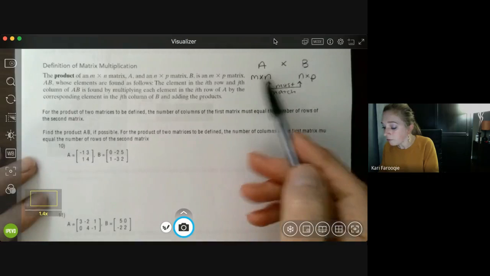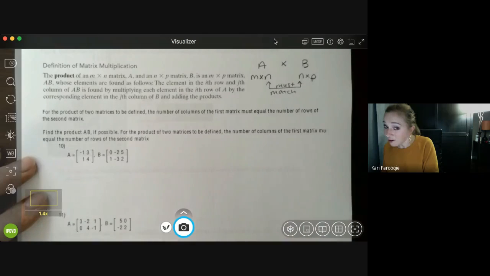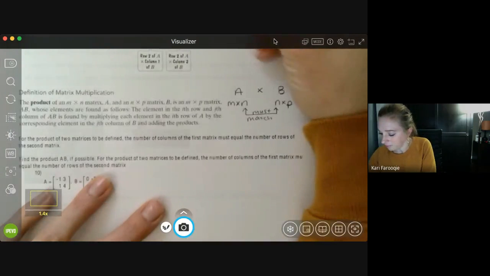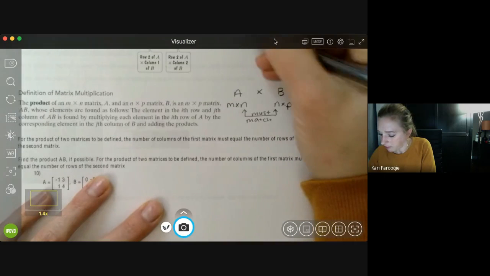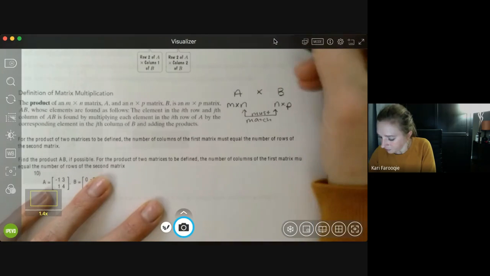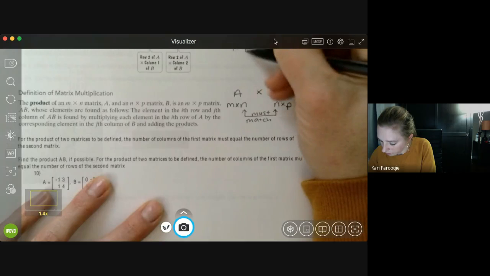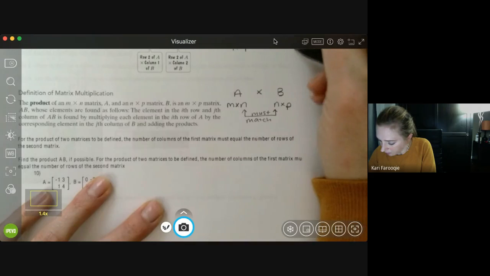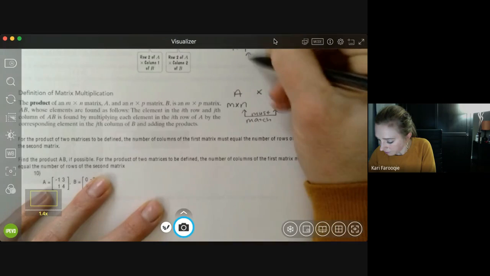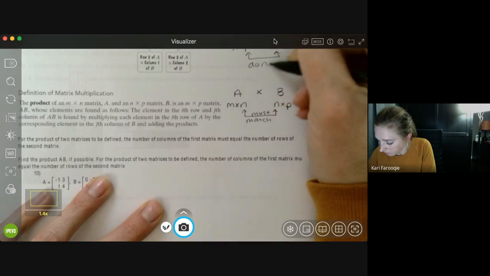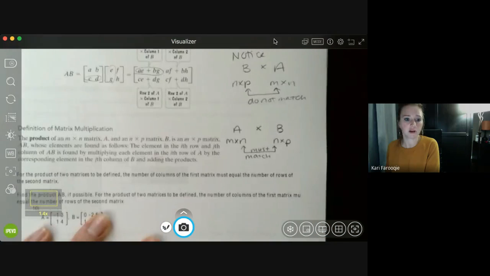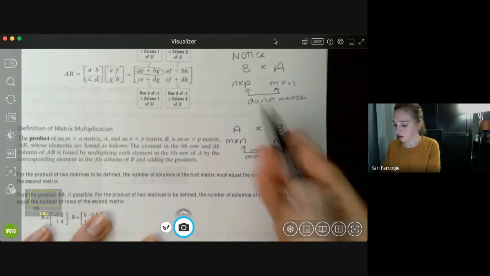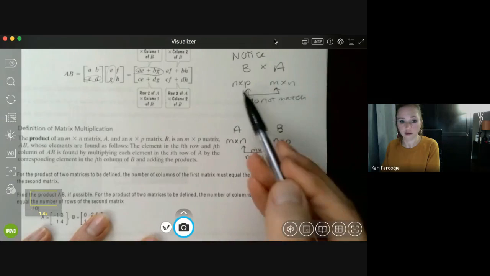Now, you have to multiply them in this order. Notice, by the way, that if we tried to multiply B times A, you would have n by p and m by n. In that case, you cannot multiply B times A because the inner dimensions don't match.